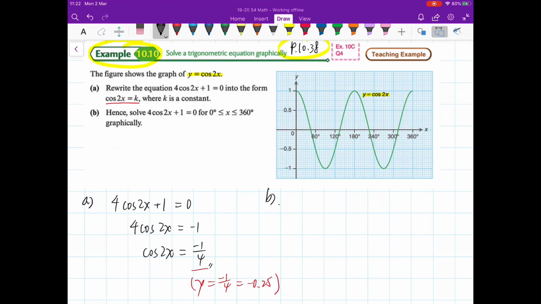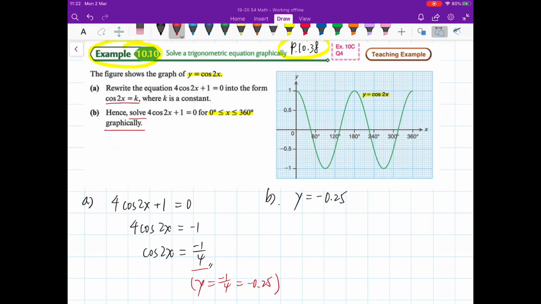Okay, so the red color will be used in part B. For part B, it asks you to solve 4 cosine 2x plus 1 equals 0 with the range 0 degrees to 360 degrees graphically. Okay, so again, we will use the graph. So from part A, we know that we have to draw the line y equals negative 0.25.